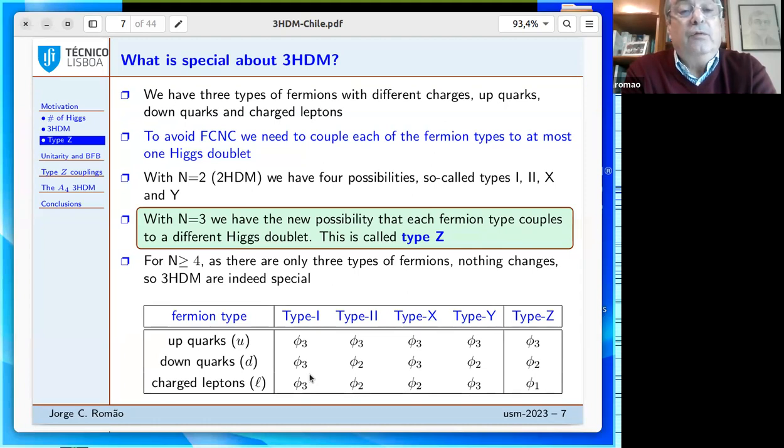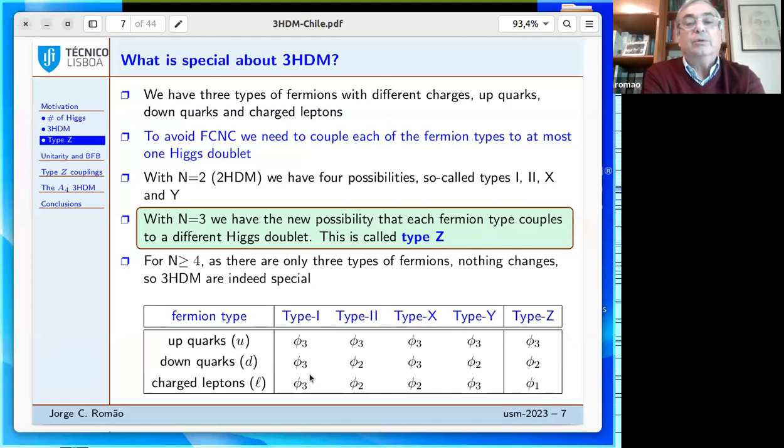But with n equal 3, with 3 Higgs doublet model, we have a new possibility in which each fermion type couples to a different Higgs doublet, and this is called type Z. And this is special about this new possibility, because if you go to n bigger or equal to 4, as we have only 3 types of fermions, you cannot have anything new.